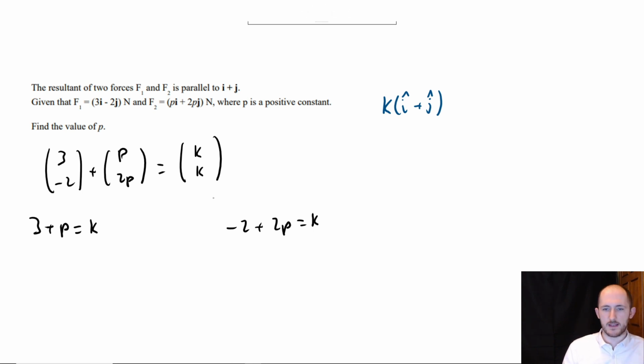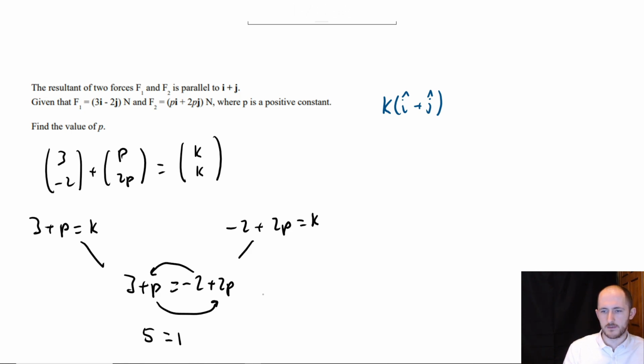All we need to do now is sub in for k, right? So we can equate these two equations, and that will give us 3 plus p equals minus 2 plus 2p. I'm going to bring the p's to this side and the numbers to this side. That will give me 5 equals p, and I'm done.